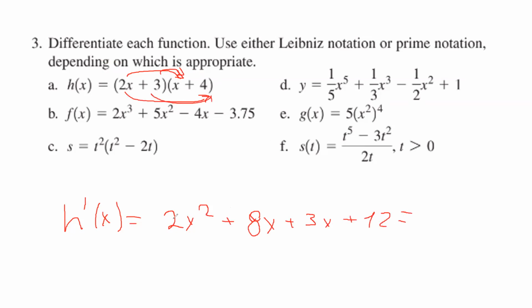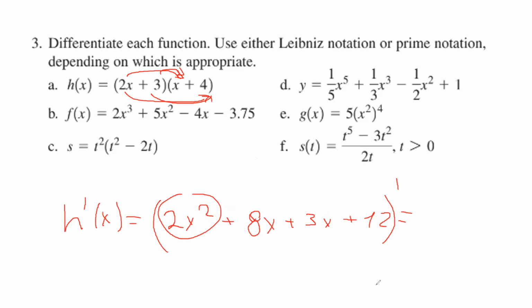Does it make sense why this line looks like this? Yeah. And now don't forget, it's not a derivative yet. We just opened the brackets. So put the brackets and denote it with prime notation, okay? Next step would be to treat them as a sum of functions. This would be exponential, you're gonna use power rule. This would be just a simple function, we're also gonna use power rule here, and this is the constant rule.